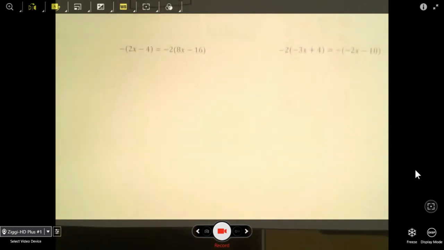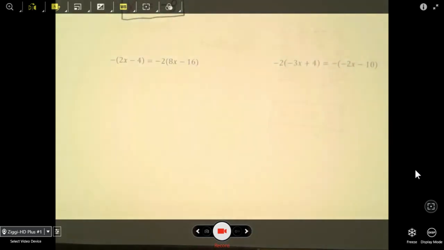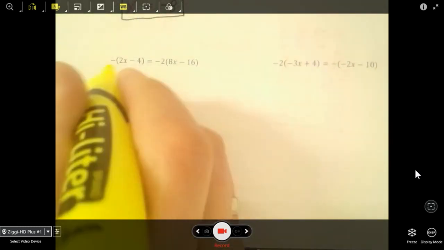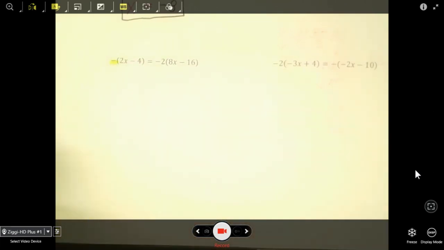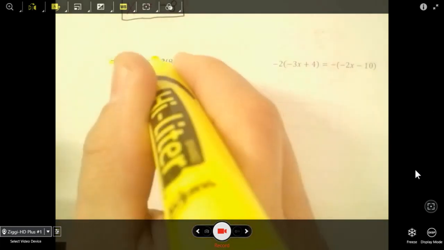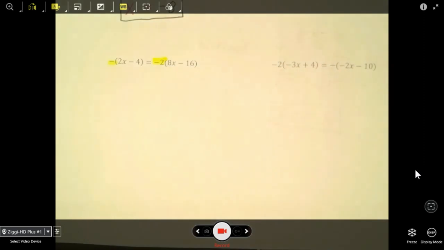So we're going to start out the same. We're going to go ahead and distribute this negative sign that's on the outside, and then we're going to distribute this -2 that's on the outside. So we'll start with the first one. Now I do want you to remember right here, draw an arrow. Actually, it should point down a little bit.